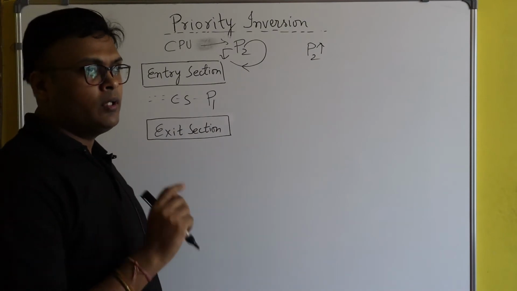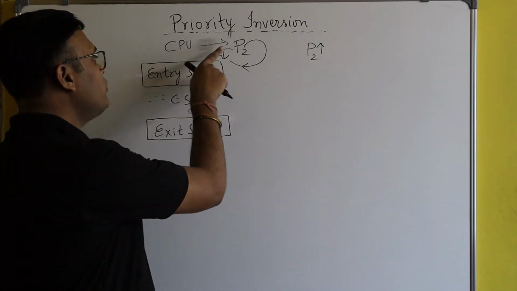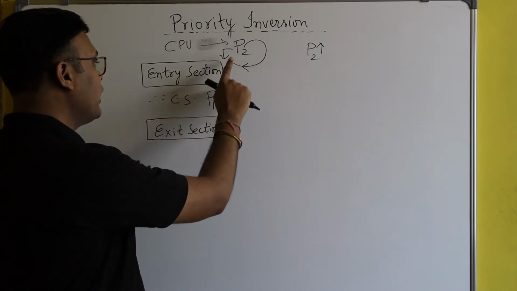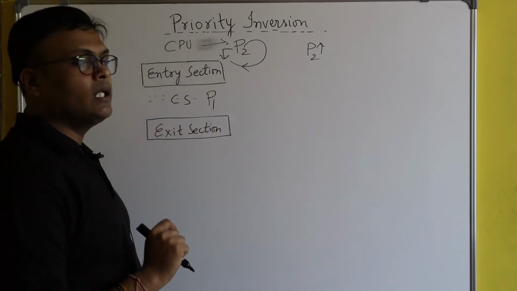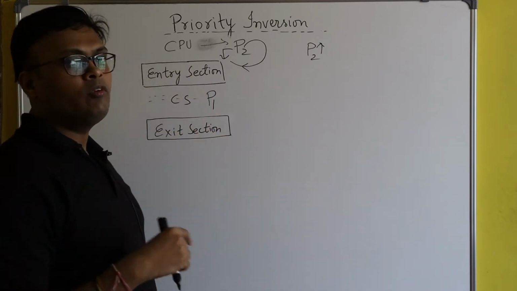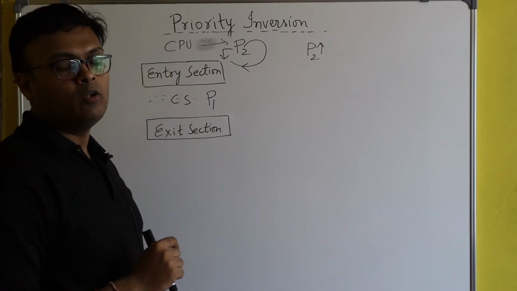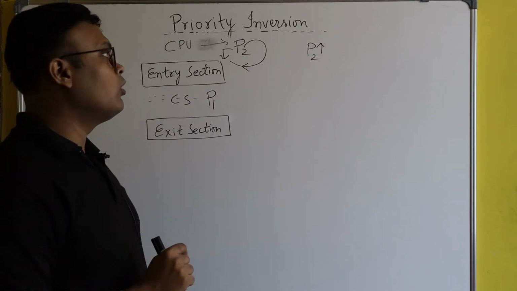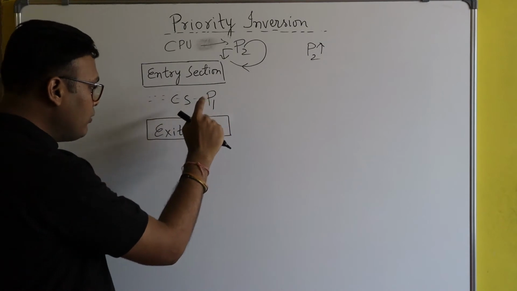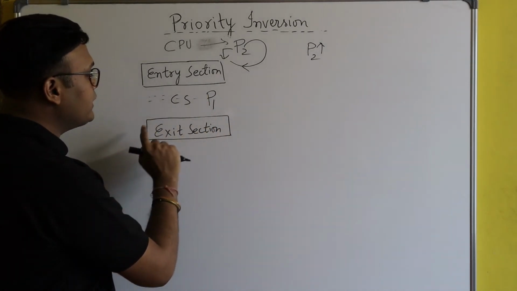Just think, if the CPU is with P2, is it enough for P2 to get entry inside the critical section? Is having the CPU enough to break the while loop for P2? No, not at all. Because the while loop can only be broken if P1 executes its exit section.